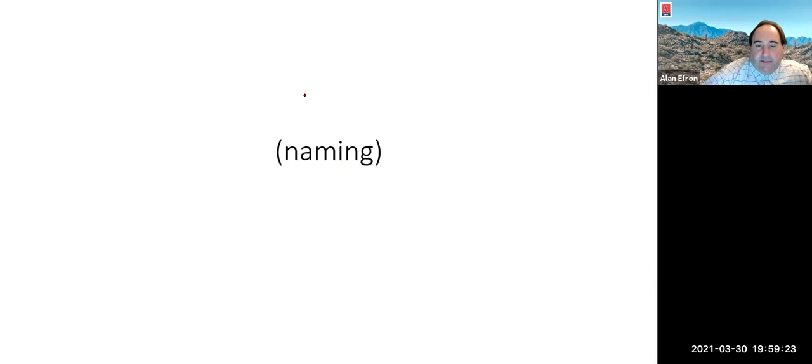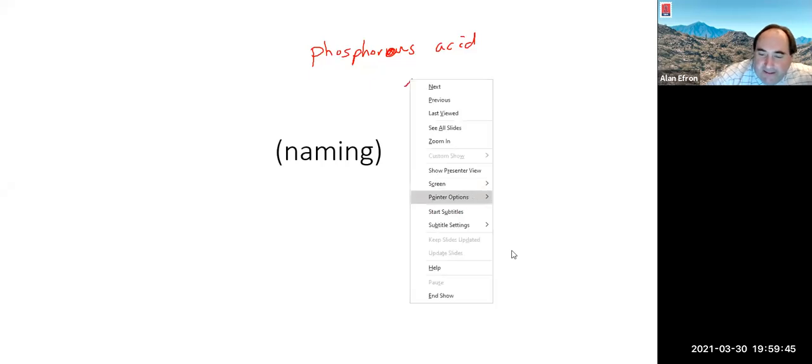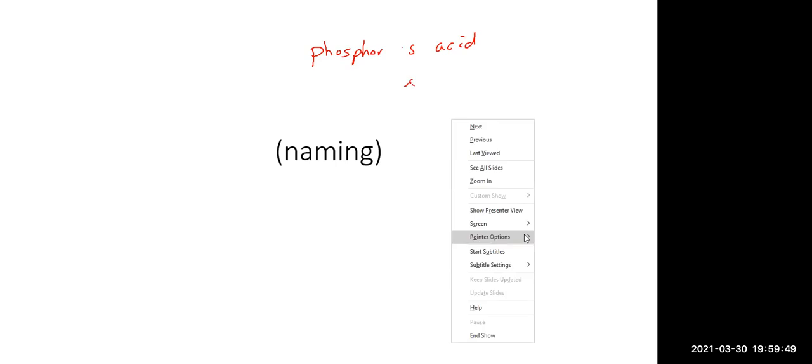So we didn't really do one, but just to show you how you would, for example, work backwards from an acid name. Let's say we had phosphorous acid. I hope I spelled that right, and maybe I didn't butcher the spelling like I did there, which is probably not good for a naming lesson, but what you gonna do, huh?